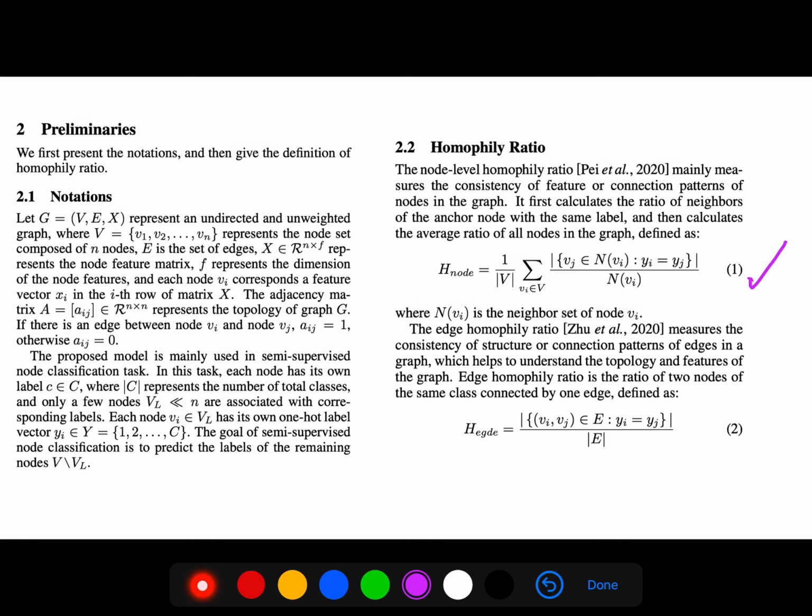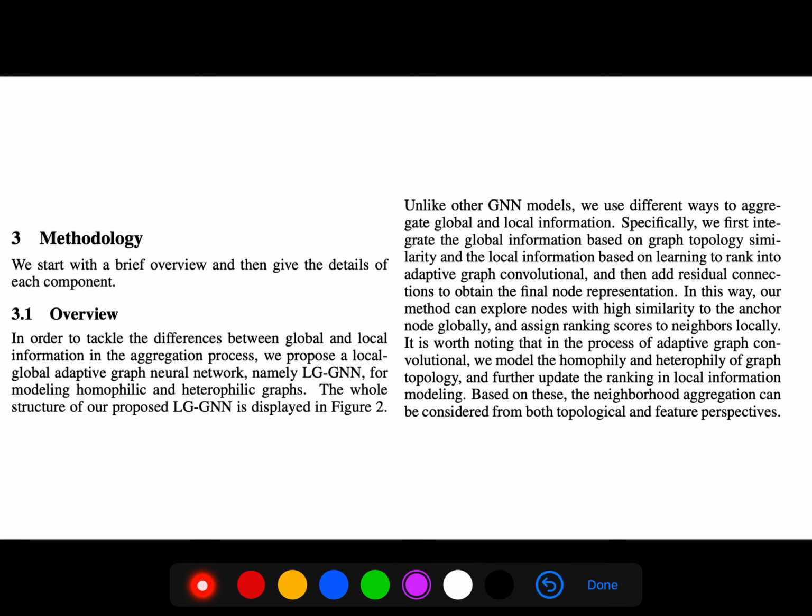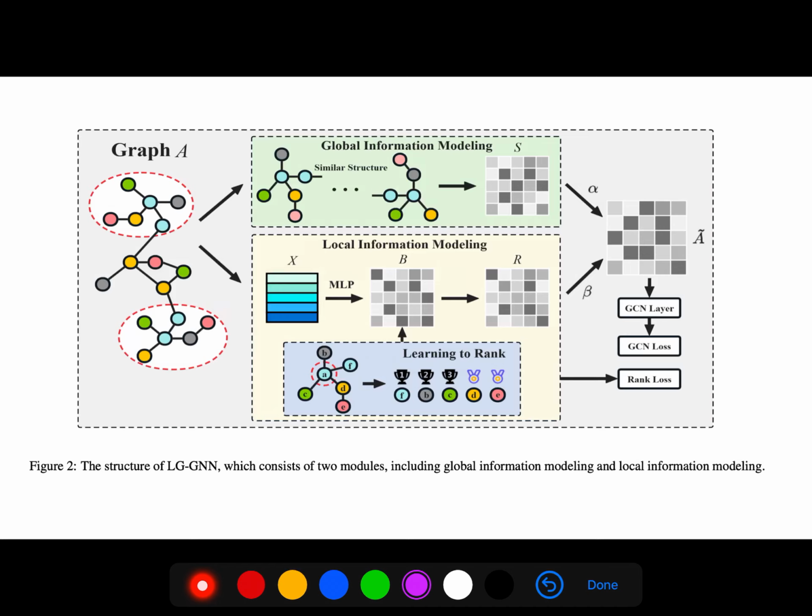This is how we measure the homophily of a node, of course also homophily of an edge that you are familiar with. This is the structure of LG-GNN, which consists of two modules, including global information modeling and local information modeling.